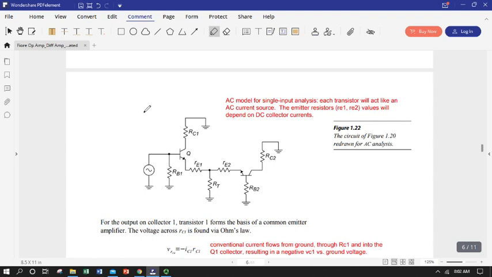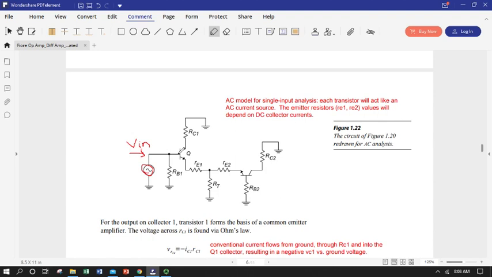Okay, so having done the big run-up, let's look at a simplest case. Let's look at single-ended input, and let's look at our AC model here. So here's our input signal, V in, coming in with our little waveform generator right here.